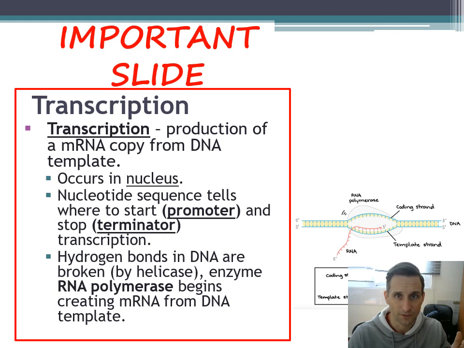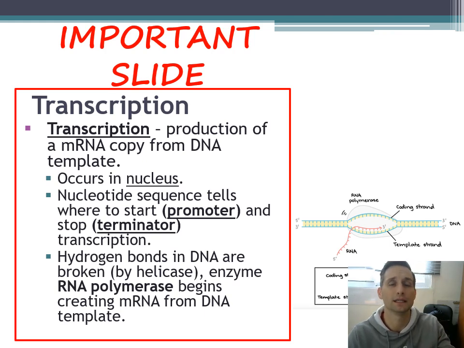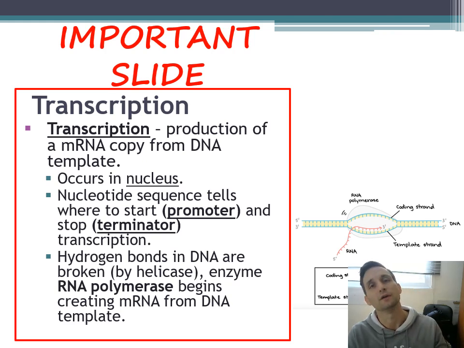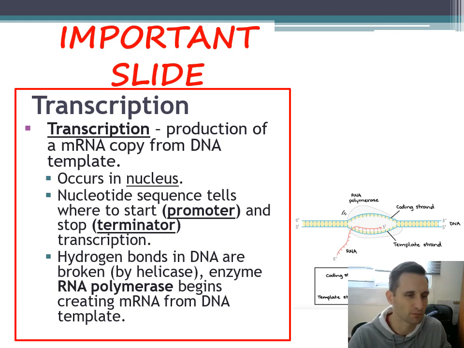So, if on the DNA it says C, it's going to put in a G into the mRNA. If it says T, it's going to put in an A, just like our base pairing rules. But if it reads an A, it's not going to put in a T, it's going to put in a U. And we'll do some practice here in a little bit.